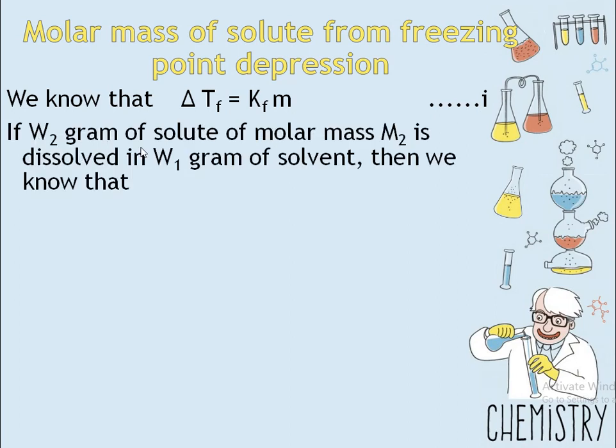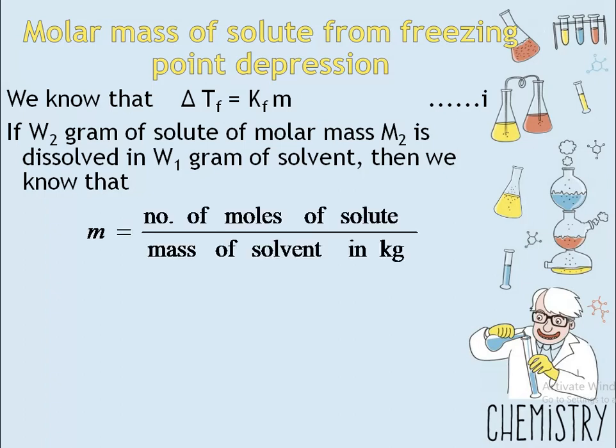If W2 gram of a solute of molar mass M2 is dissolved in W1 gram of a solvent, then it is similar to the boiling point elevation we have already discussed. Molality is given as the number of moles of solute divided by the mass of solvent in kg.